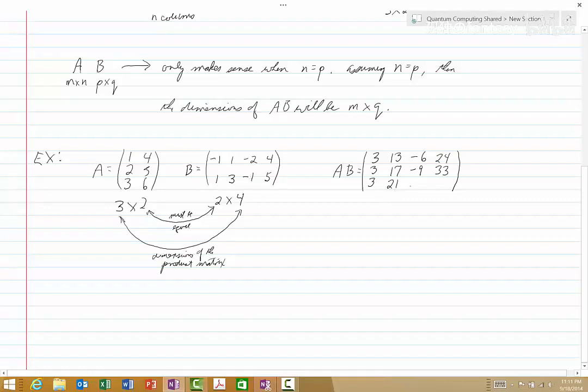Negative 6 and negative 6 is negative 12. And finally, 3 times 4 is 12. 6 times 5 is 30. 12 and 30 is 42.